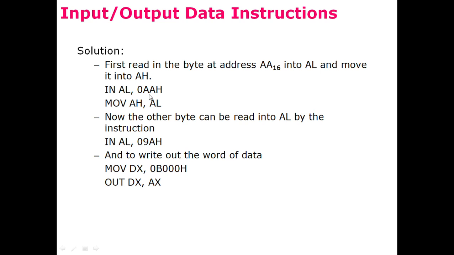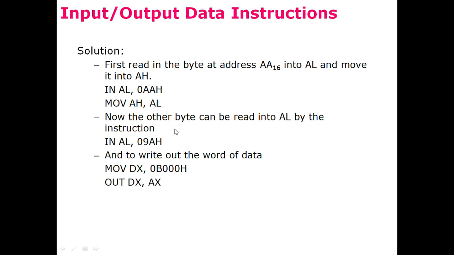From this 8-bit input port address, one byte of data is read into accumulator AL, and then this data is moved to the upper part of the register, AH, because we need to use AL for the next byte. So that's why it is moved from AL to AH. Now we can reuse AL.